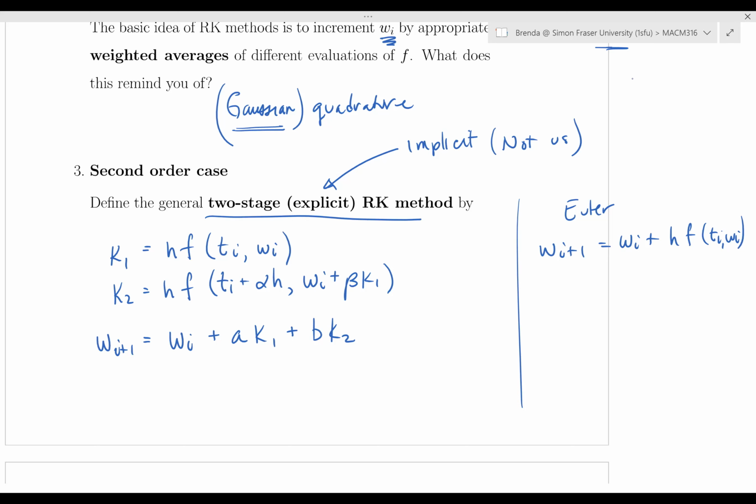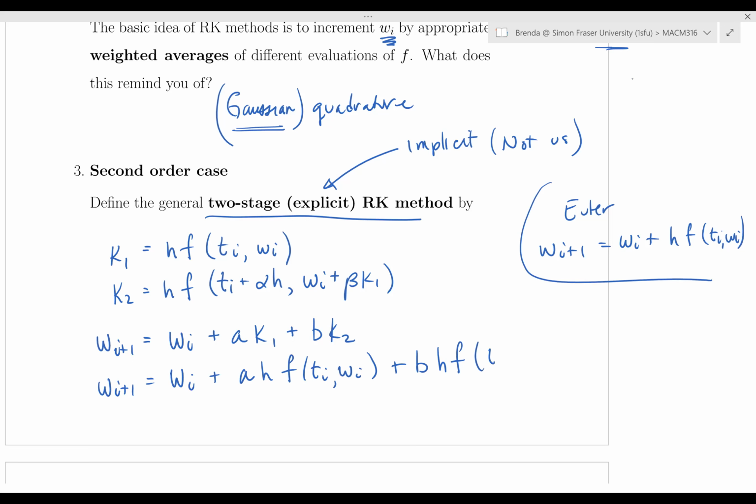Now what we're going to do instead is start with our w_i approximation, and to that we add A times K1, which is H f(t_i, w_i), and then we add B times H f(t_i plus alpha H, w_i plus beta K1), where K1 is H f(t_i, w_i).